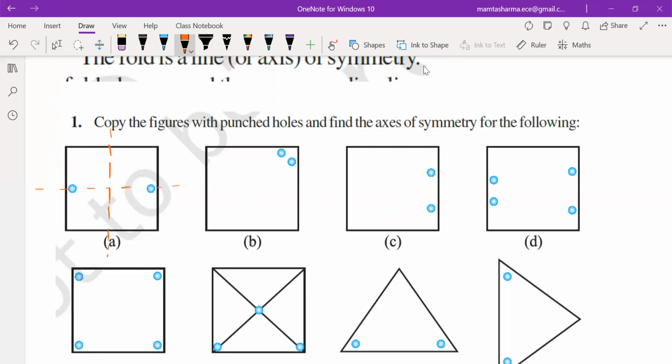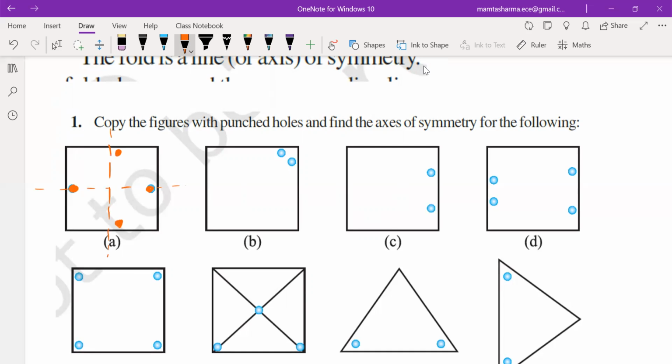When you fold it along the vertical axis, then only you will get the hole. When you make the hole here, it would appear on both the sides. Clear?